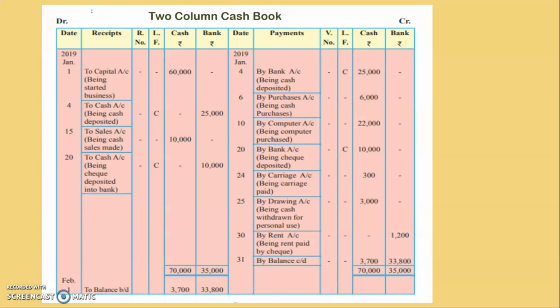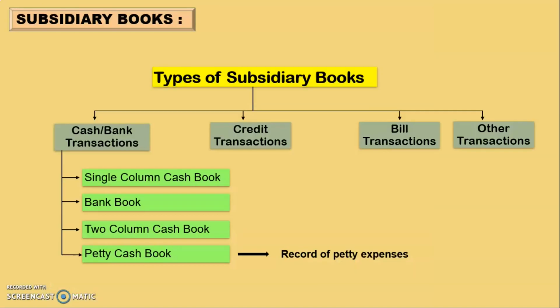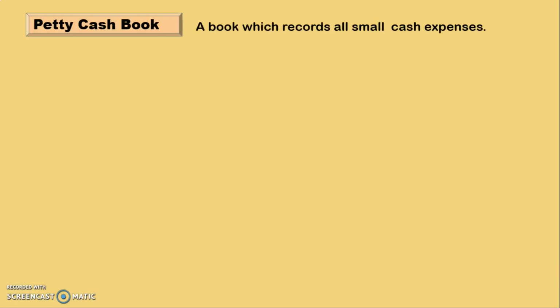Further, let's understand petty cash book. A petty cash book is a record of all the petty expenses. In large organizations, it is not possible for the main cashier to handle all the cash transactions. So the accounting work is further divided.